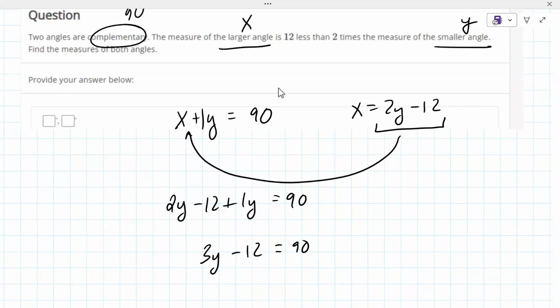For y, I got 34. Okay. So for x, we go back to the x equals 2y minus 12. You put that 34 in for y.